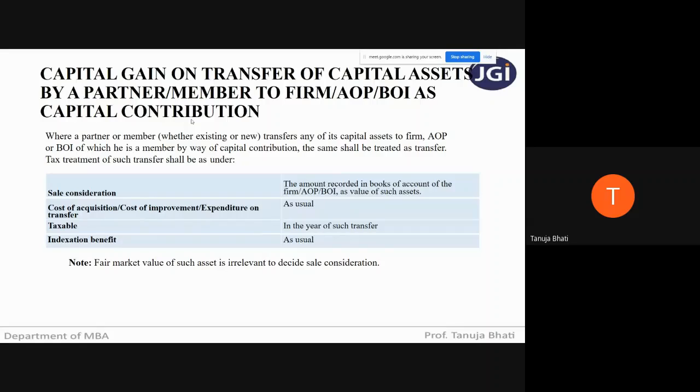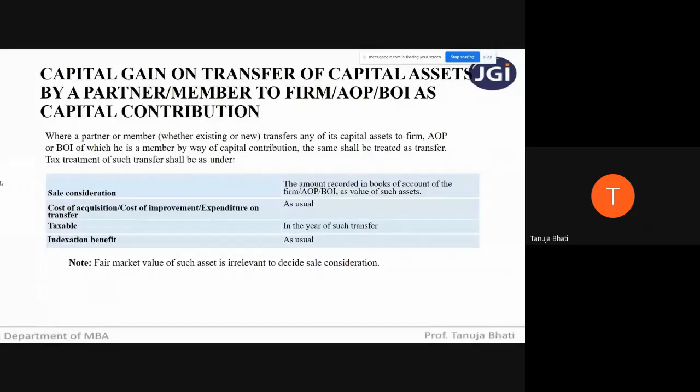Usually, he'll give some capital contribution in the form of money, but many a times he may even transfer his personal capital asset into the business as his capital contribution. So this also is regarded as a transfer. So when any partner is transferring his capital asset into the firm, this transaction is also regarded as transfer, and it is liable to capital gain tax.